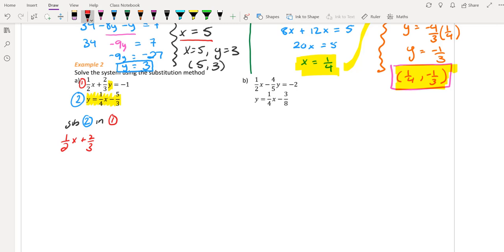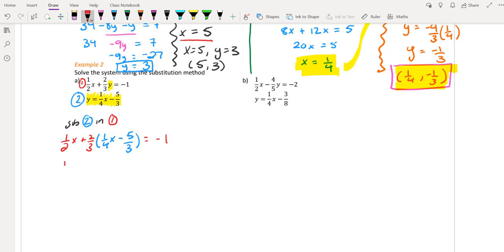So we substitute in our second equation. So we have 1/4 x minus 5/3. And this equals the negative 1. Okay, just as before, our next step is to multiply through the brackets and collect our terms.